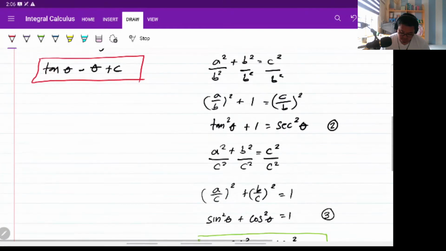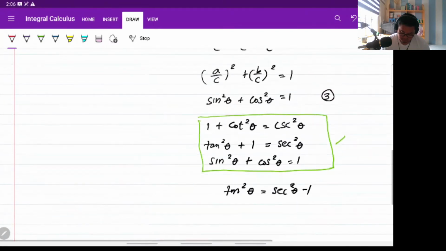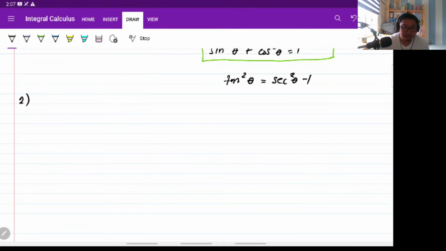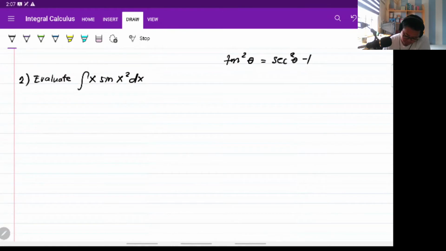Okay, so let's go to problem number 2. Evaluate the integral of x sine x squared dx. To do this, we have to find our u. In this case, we select u equals x squared.